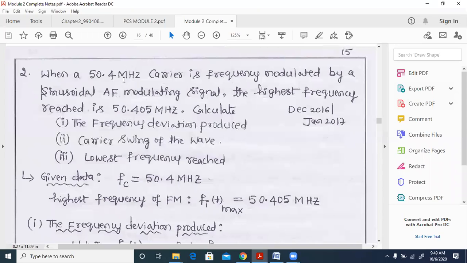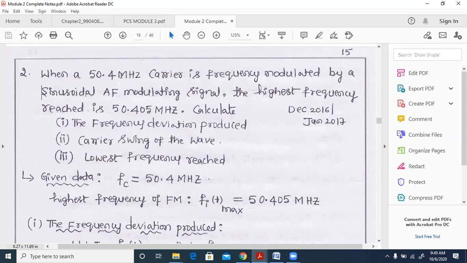This is 50.4 and this is 50.405, highest frequency. So deviation will be the difference between these two, that is 0.005 megahertz, and that will give 5 kilohertz. Then carrier swing will be double of that deviation, 2 into 5 equal to 10 kilohertz.